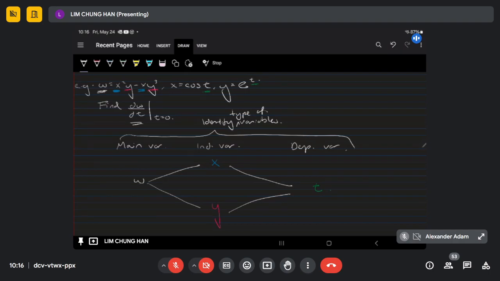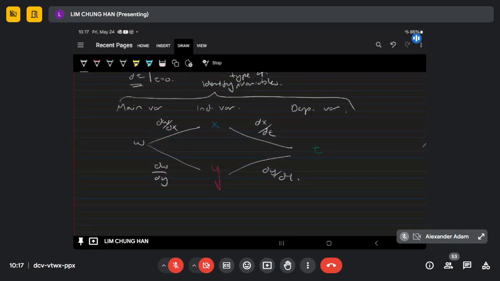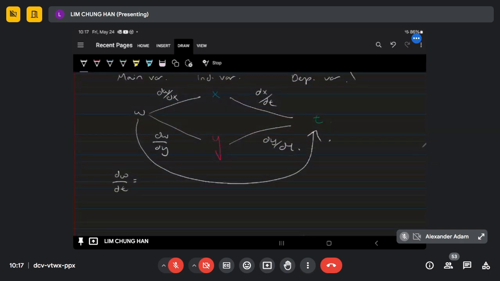If w is linked to x, that means dw dx. w to y, dw dy. x to t, dx dt. y to t, dy dt. Simple as that. Then to get dw dt, to get from w to t, you want to link straight to t.